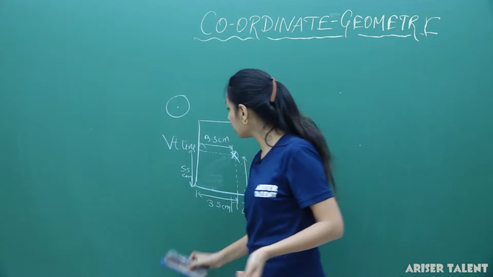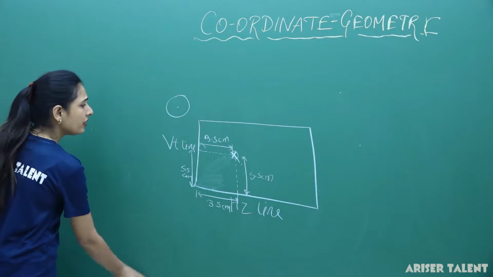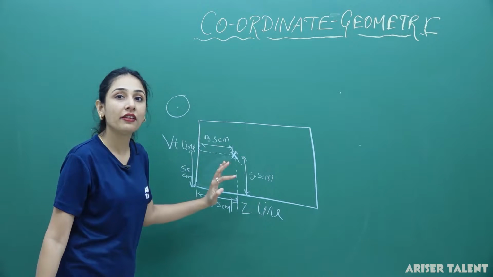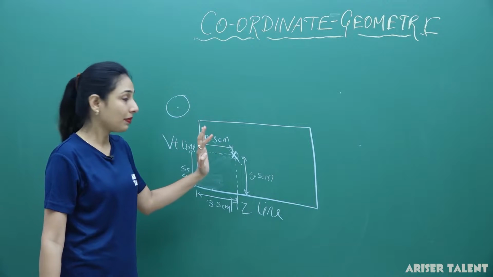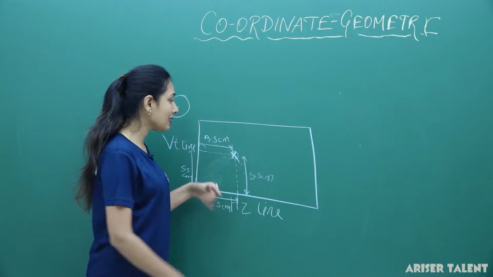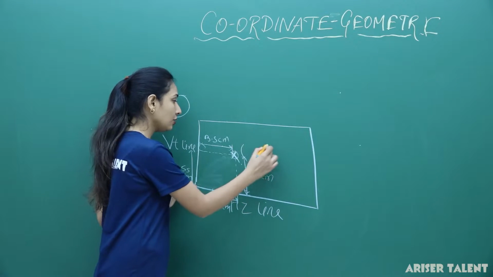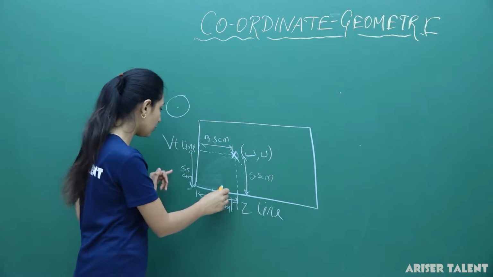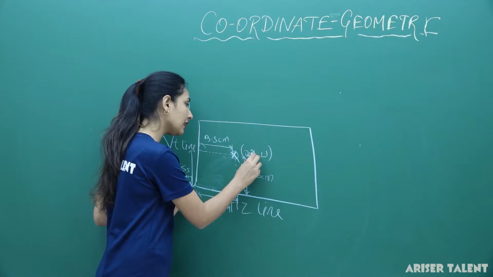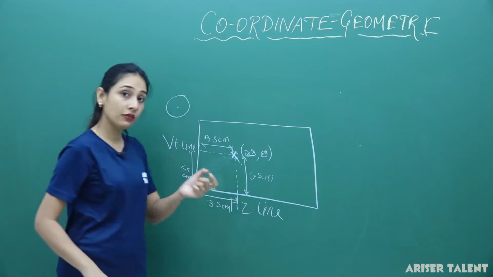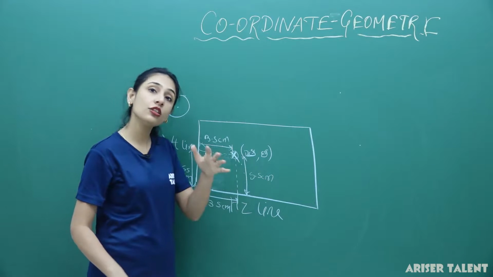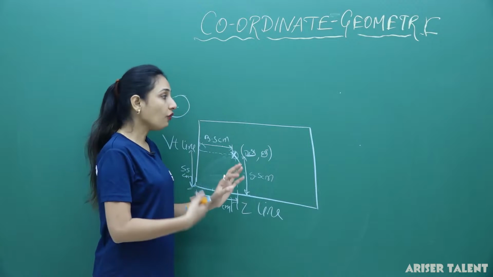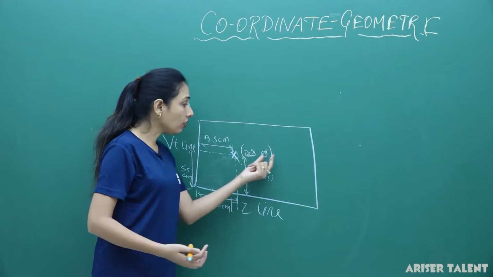Now students, you find out this particular thing. What is all this? This is the part we call coordinate geometry in our mathematics, because basically we are giving two things, one is 3.5 and another is 5.5 centimeter, and with the help of these two things we are getting this point on the board. So how will we call these two things?